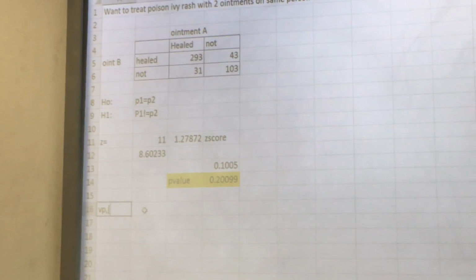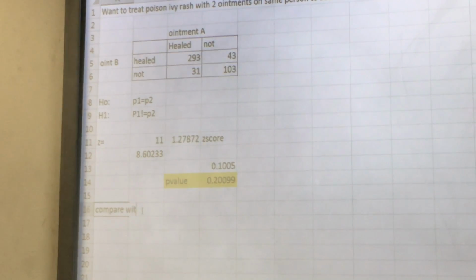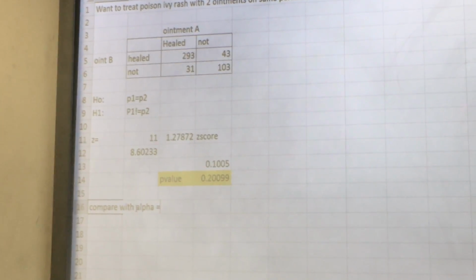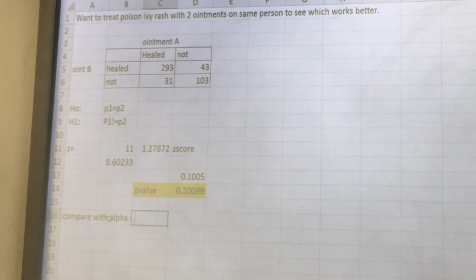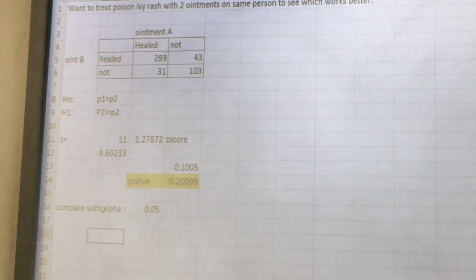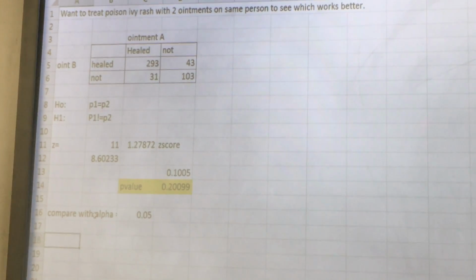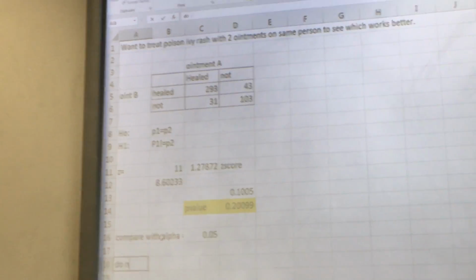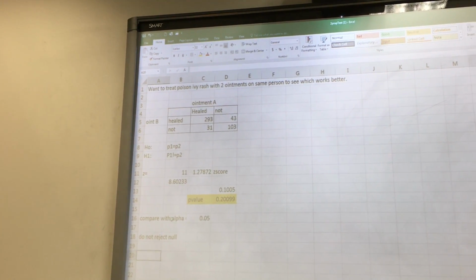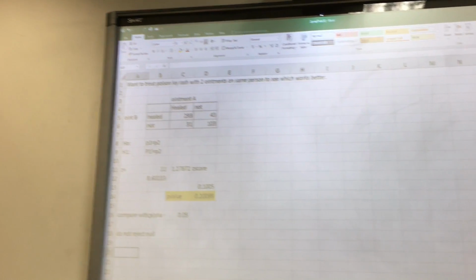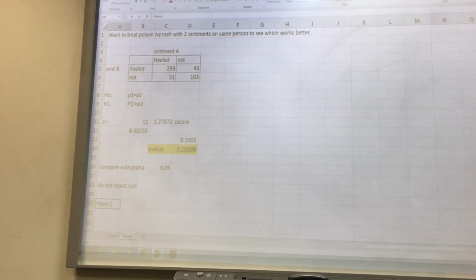Okay? So based on that, I'm going to compare to my alpha, which did I get? Yeah, I didn't, so what are we assuming? 0.05. So do I reject or do not reject? Do not reject null, which means there is what?